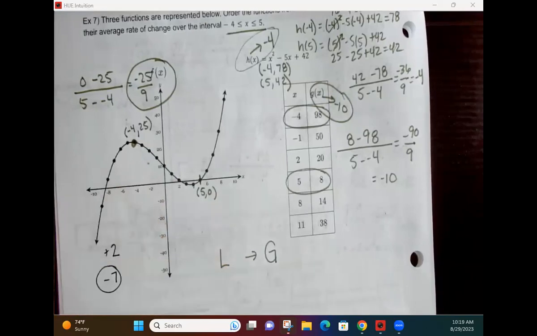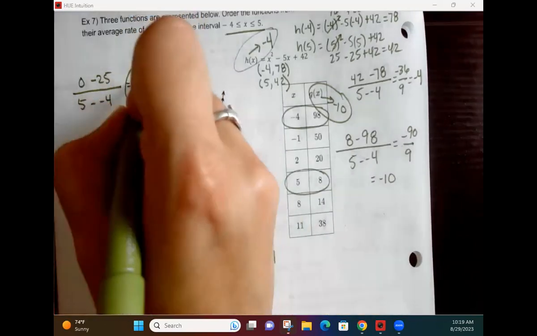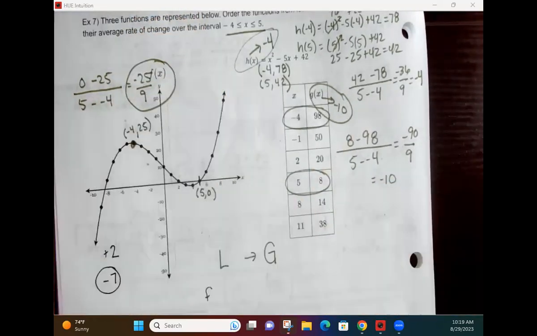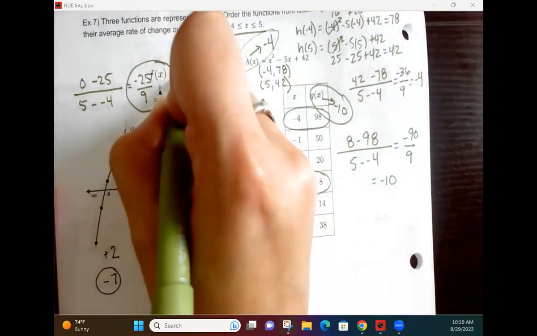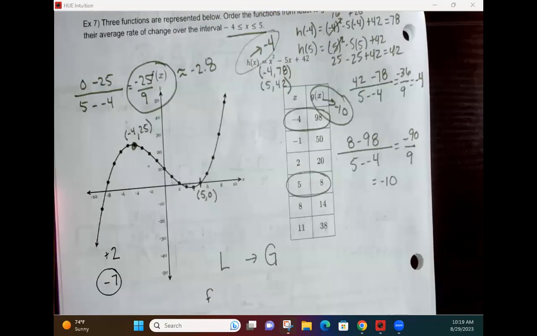So which of these functions had the least change? The first one, f of x. This was, we said, somewhere between -2 and -3. If we type this in our calculator, it's like -2.8-ish. So f of x had the least change. What would be next?